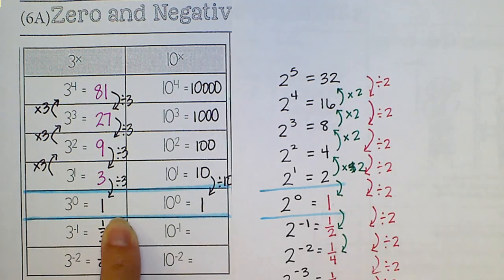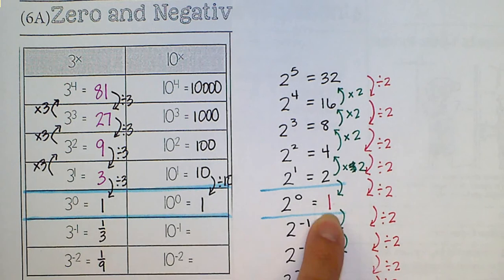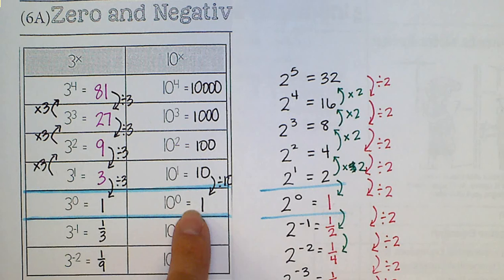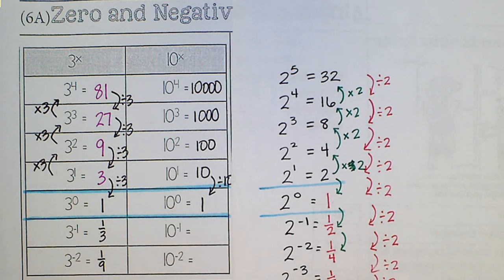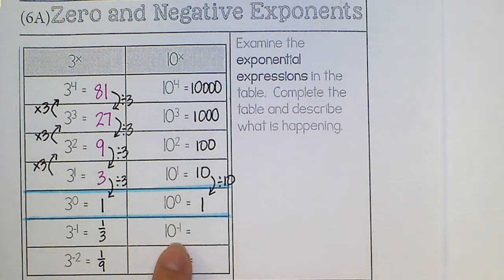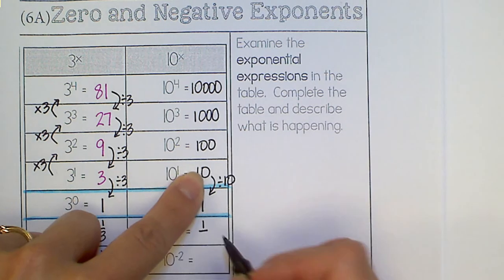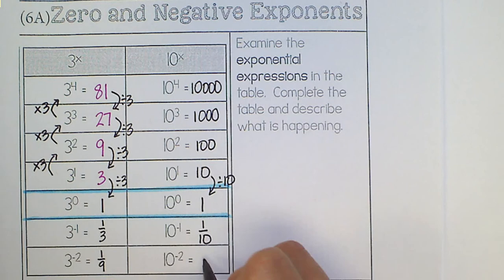So look what 2 to the 0 was. Look what 4 to the 0 was. So any number to the 0 power is not 0, it's 1. 10 to the negative first is the reciprocal of 10 to the positive first, so 1/10. 10 to the negative 2 is the reciprocal of 10 to the second power, so 1 over 100.